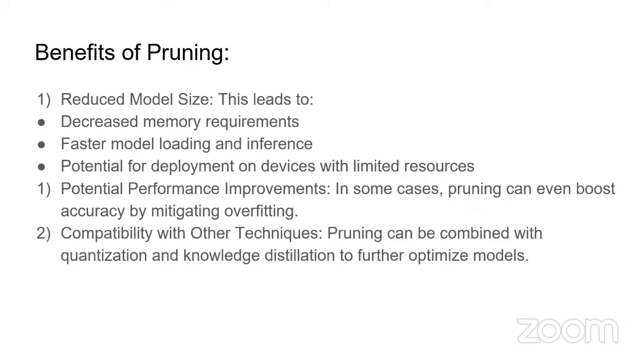Then there is compatibility with other techniques, like combinations with quantization and knowledge distillation. Pruning can be effectively combined with other optimization techniques, such as quantization, which is used for reducing the precision of weights, and knowledge distillation, which is transferring the knowledge from larger models to the smaller one.